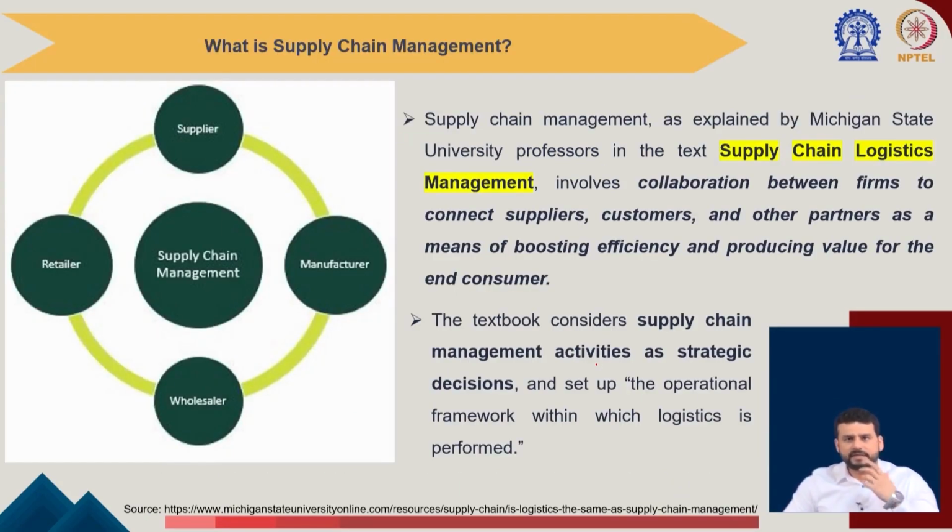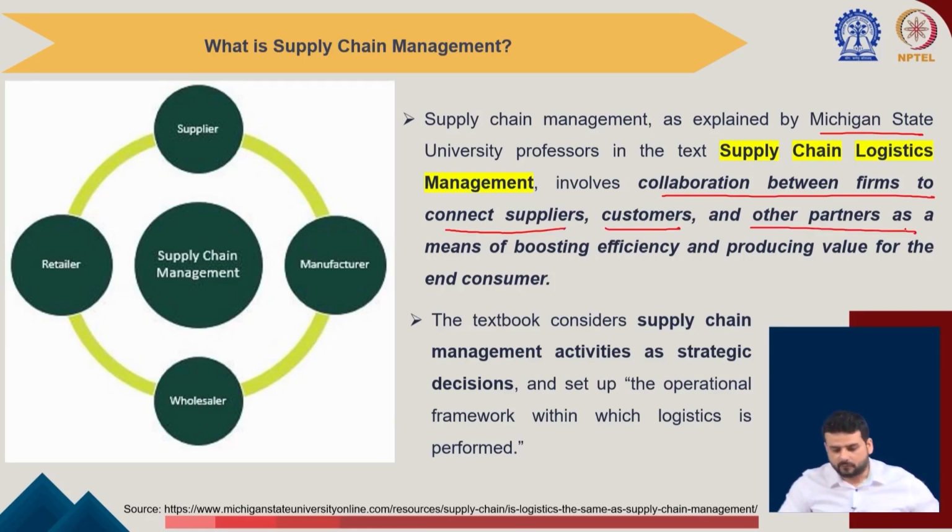So then we can again say, by Michigan State University, supply chain logistics involves collaboration between firms, suppliers, customers and other partners as a means of boosting efficiency and providing value to the customer.